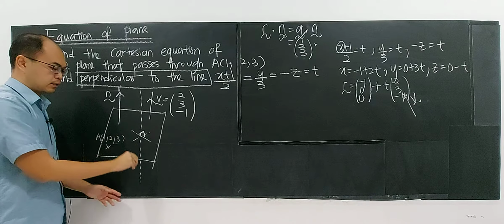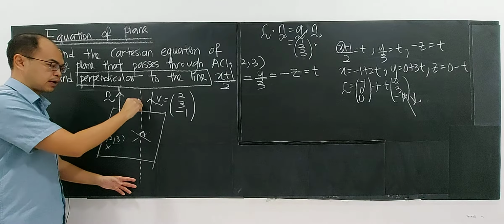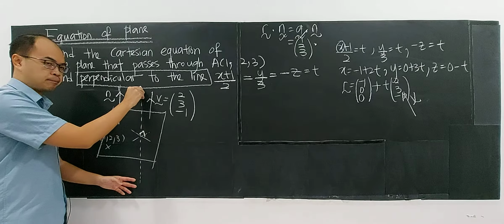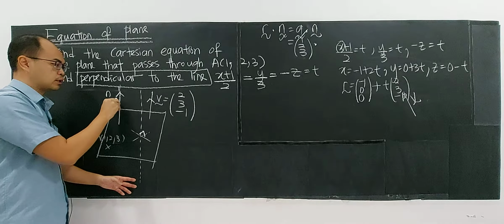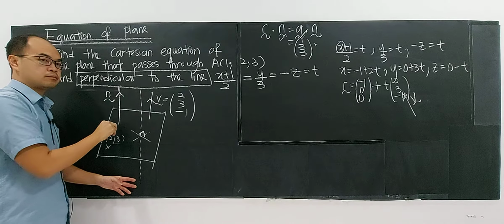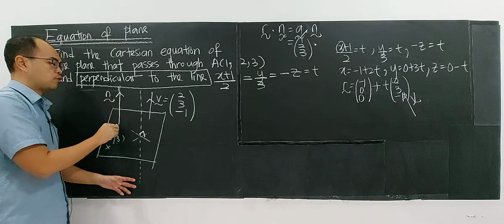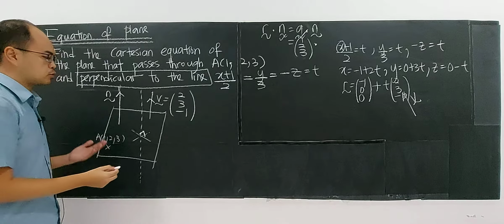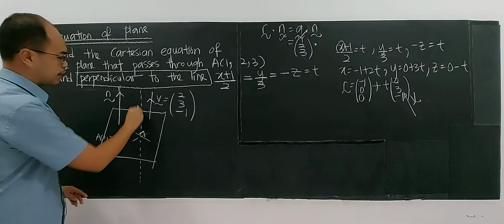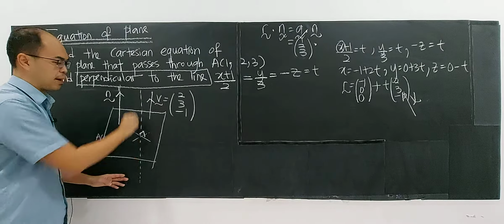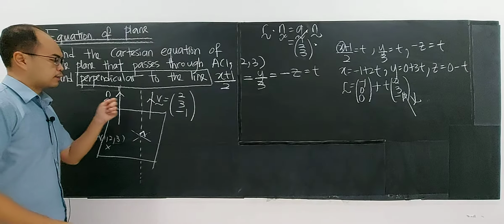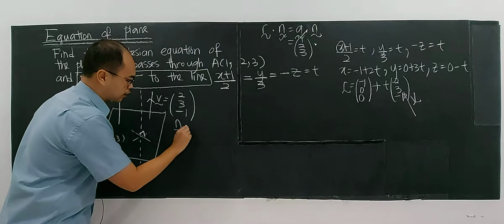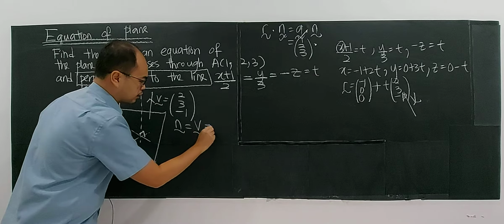Then I can say that the direction of the straight line is parallel to the direction of the normal vector of the plane, right? Because this is the normal, and this line coincidentally is perpendicular to the plane. So the normal vector can take the direction vector of the line.